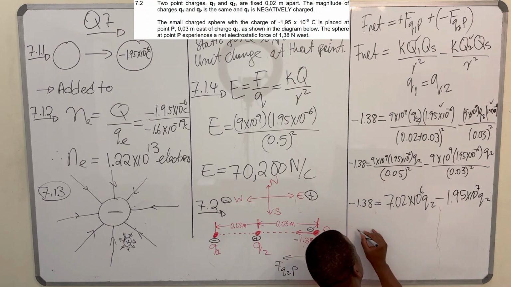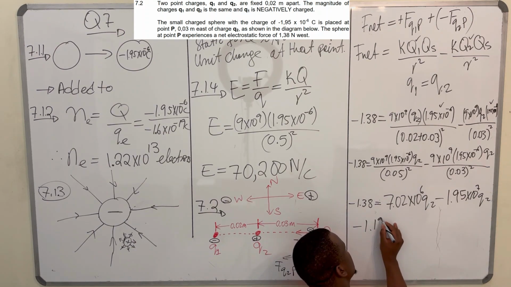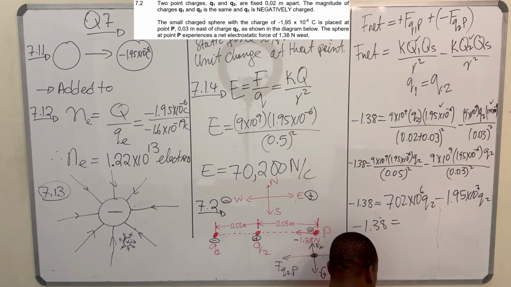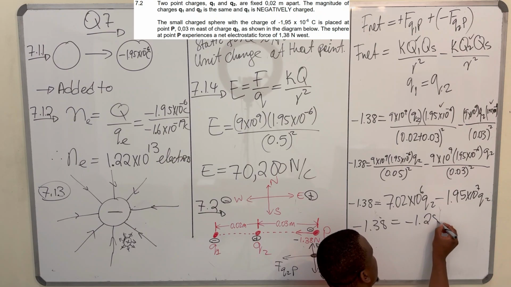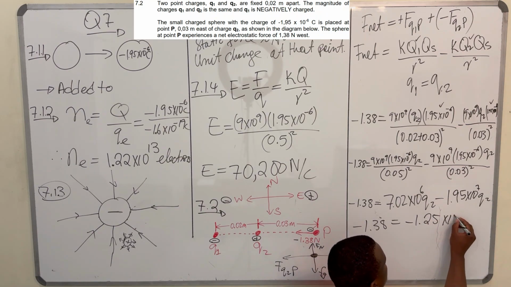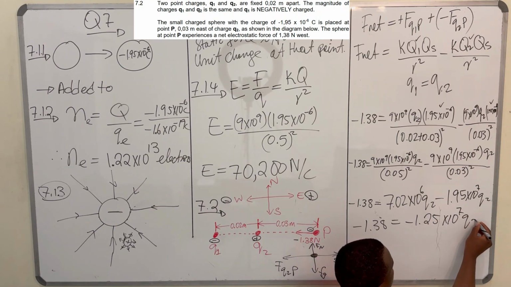These are like terms, therefore minus 1.38 is equal to, find the difference between the two, 7.02 times 10 to the power 6 minus the answer. So we get minus 1.25 times 10 to the power 7 Q2.